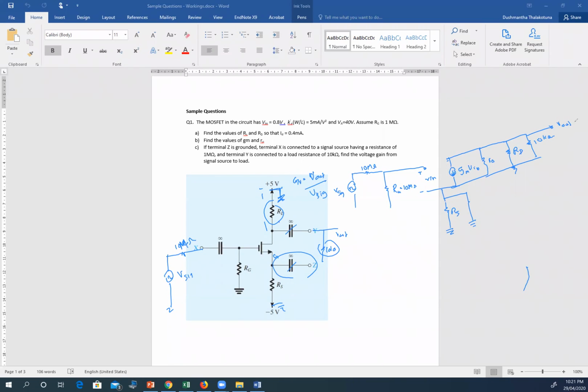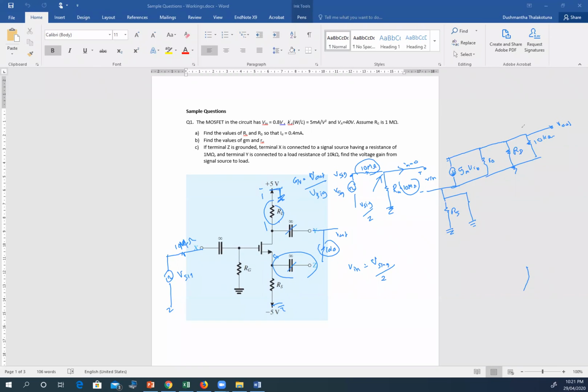Now you can simplify this. The first thing you can easily do is, if you look at this, V signal is the voltage appearing here. That's a 10 mega ohm, and that's a 10 mega ohm. So it's actually an equal splitter, because there's no current in that gate path, I_g equals 0. So the voltage here would be V signal divided by 2. So V in would be V signal divided by 2.